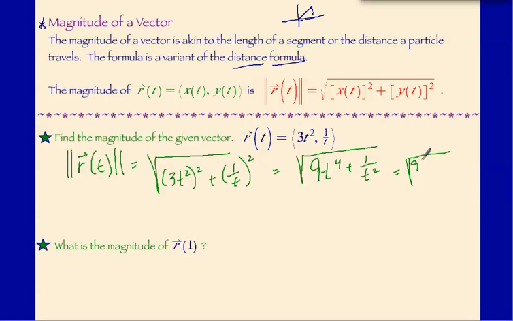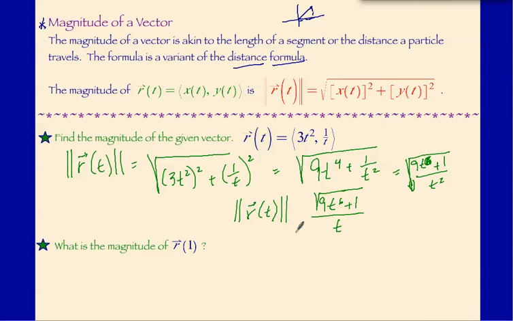So now I end up with 9t to the 6th, multiplying by t squared, plus 1 over t squared. Sorry, that should be 9t to the 6th plus 1 in the numerator, and we can write this over t because the square root of t squared is t. And that is the magnitude of this vector valued function.